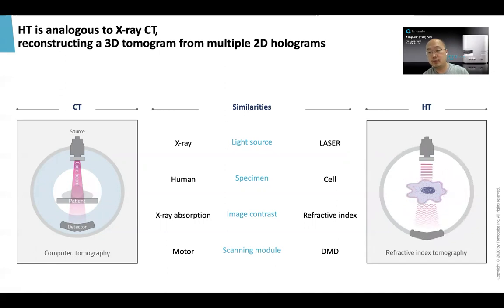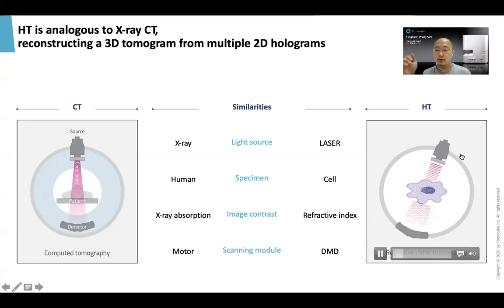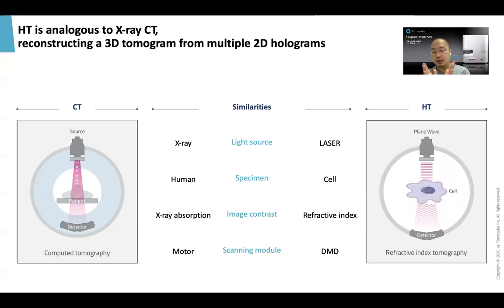It measures multiple 2D hologram images of live cells, and then by scanning the illumination angles within some range, you can measure multiple 2D holograms of the cell as a function of the illumination angles. And by applying a three-dimensional reconstruction algorithm, you can retrieve three-dimensional tomograms of a live cell.